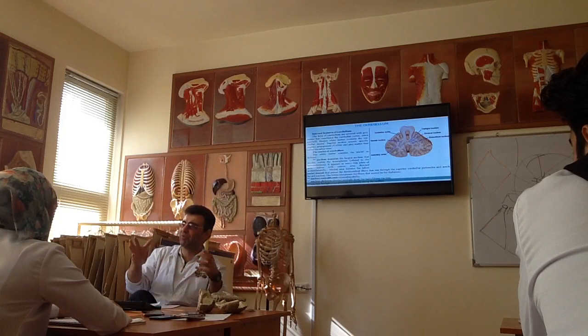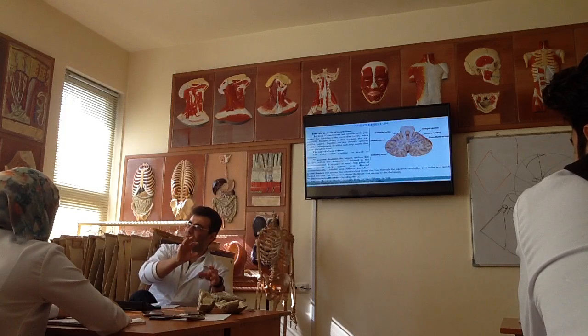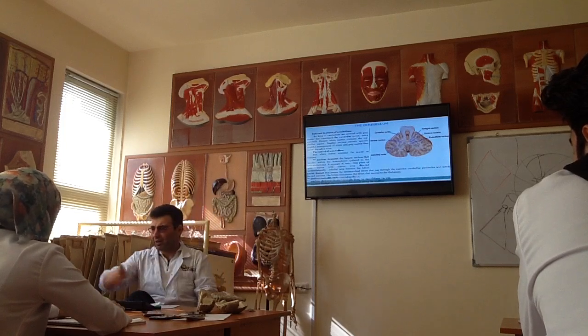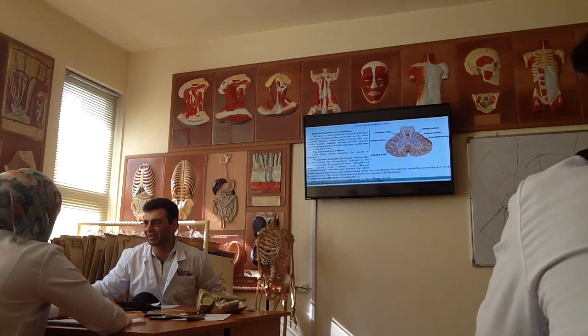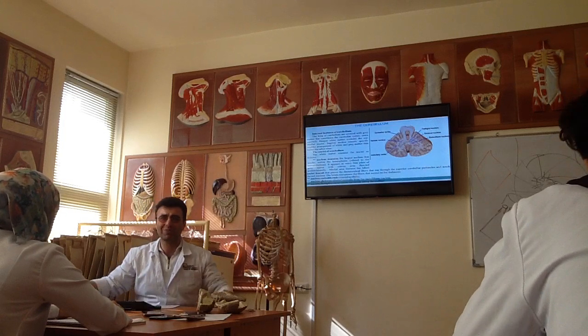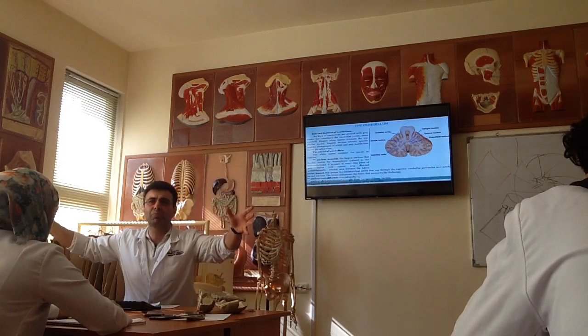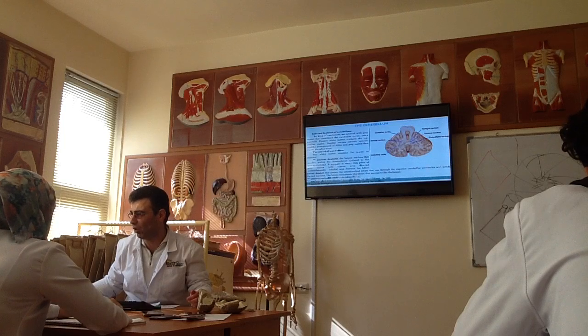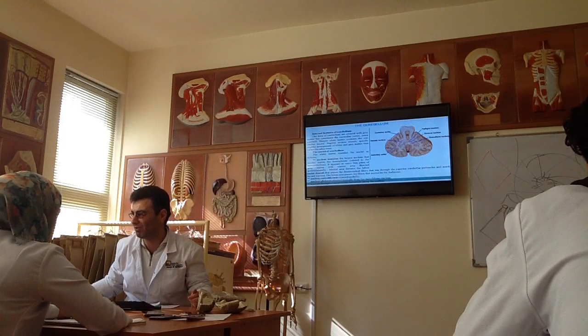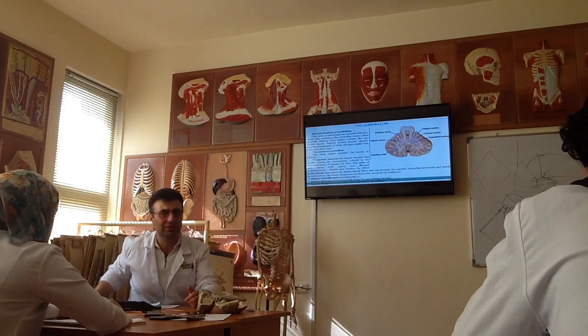Inside the cortex, we have white matter with basal nuclei. In the cerebellum, the situation is different. Look everybody here. The gray matter forms the arbor vitae, like the branches of a tree, which spread inside all portions of the cerebellar hemispheres.